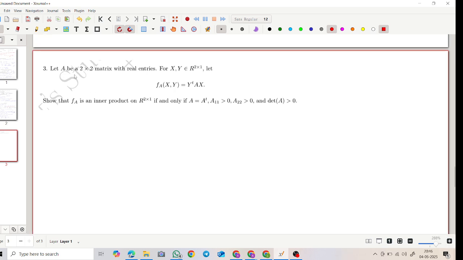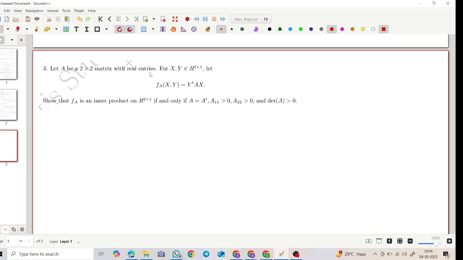This says let A be a 2 cross 2 matrix with real entries. For x, y belongs to R square, let f_A of x, y be y transpose A x.